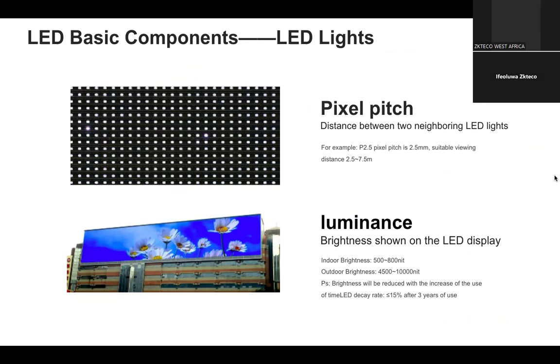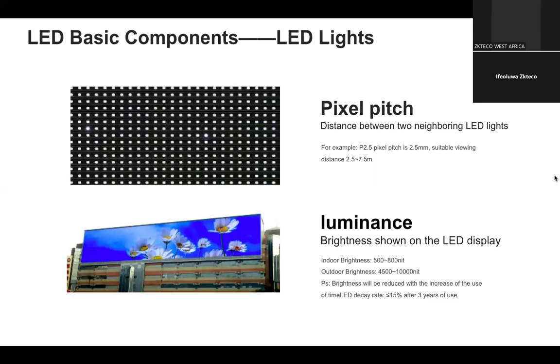For LCDs, the distances are really very close, but we won't be able to see that because they are enclosed. So just keep in mind that the bigger the pixel pitch, the clearer it is when you're farther from the view angle.